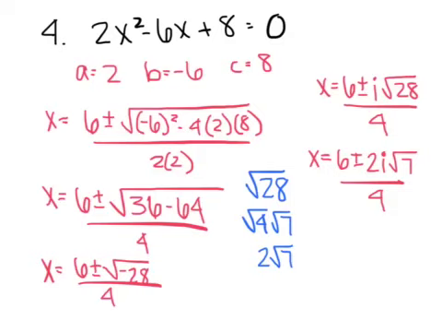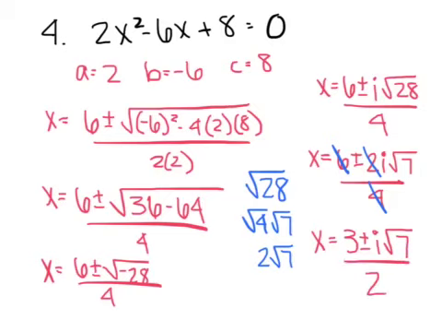Because we've simplified the square root of 28. The square root of 28 became 2 root 7. Now we can use Caleb's idea that these are all divisible by 2. Because 6, 2, and 4 are all divisible by 2, leaving us with a final simplified answer of 3 plus or minus i root 7 over 2.